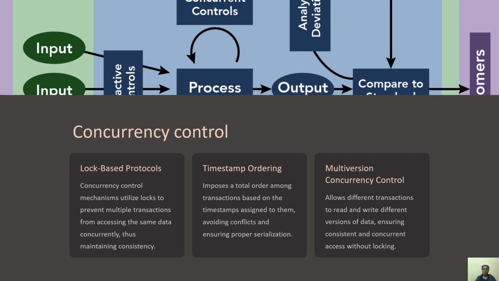Timestamp ordering imposes a total order among transactions based on the timestamps assigned to them, avoiding conflicts and ensuring proper serialization. Multi-version concurrency control allows different transactions to read and write different versions of data, ensuring consistent and concurrent access without locking.